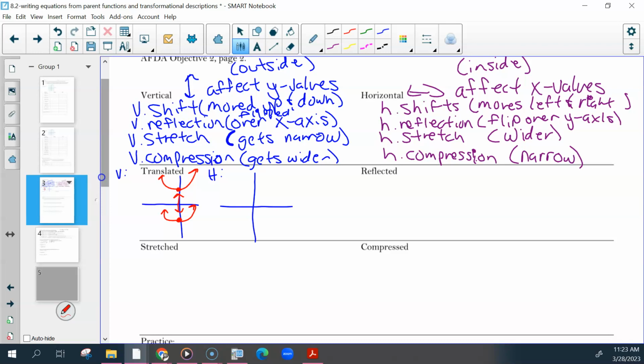Then the horizontal translation or shifts moves left and right. So if it was at the middle and moved to the right, it would be somewhere over here. And then if it did the same thing to the left, it would be somewhere out here. And I would show that it's moving left a little bit.